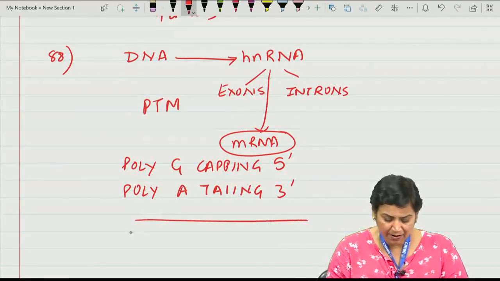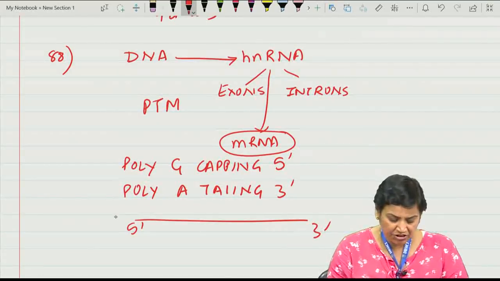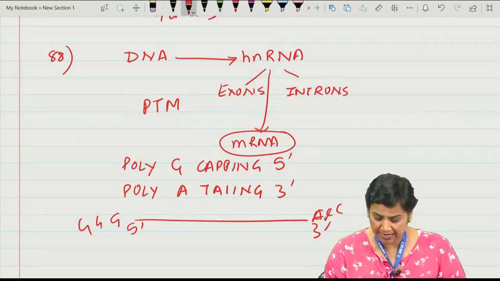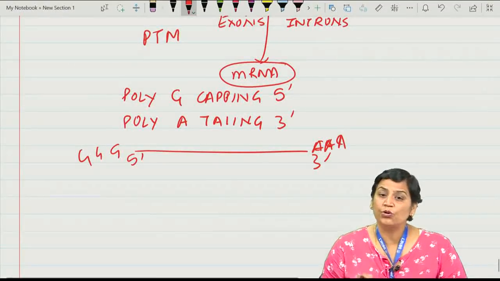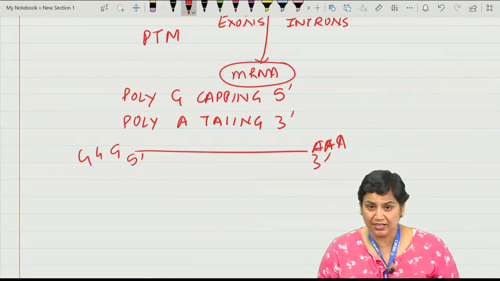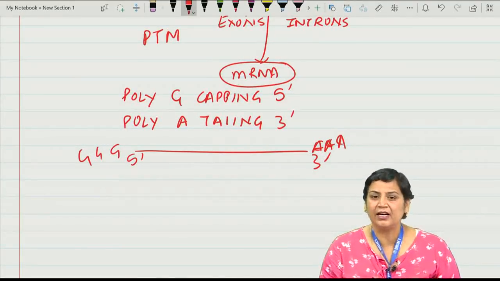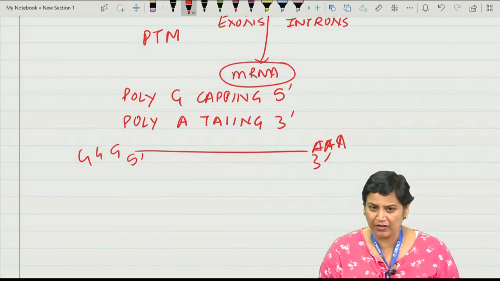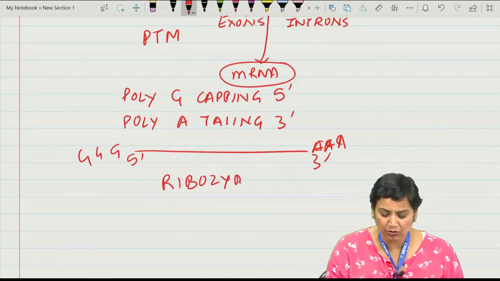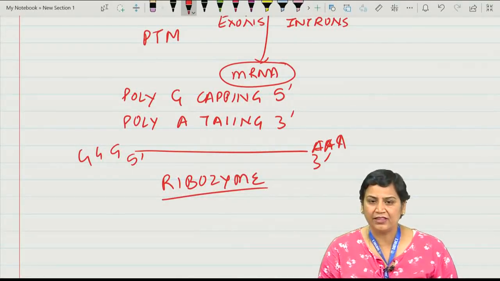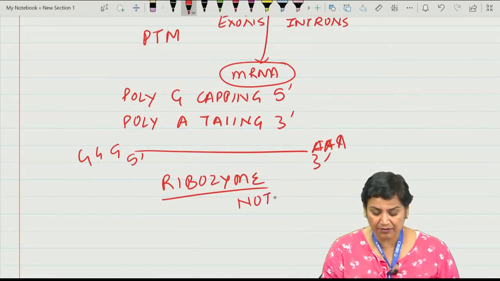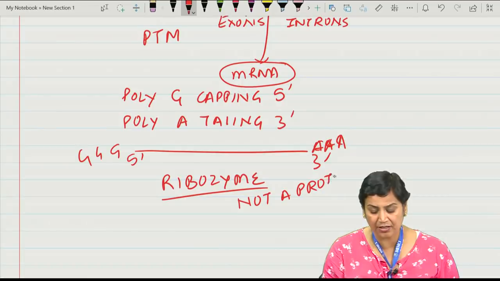So basically we are marking 5', 3', GGG here and AAA here, just to protect this hnRNA from the attack of different nuclease enzymes, and then it undergoes post-transcriptional modification. Now in this case ribozymes have a very important role to perform, and the ribozyme is the only enzyme which is not a protein. This is again a very important question asked in the exam.